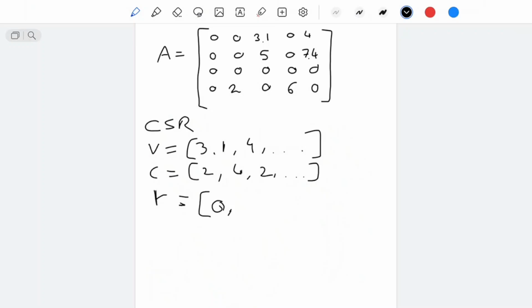Then in the first row, we collect the number of non-zero values in the first row, that is 2. Then in position number 2, we have 4 because there are 2 more non-zero values.